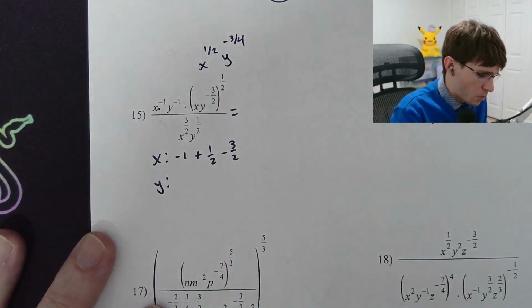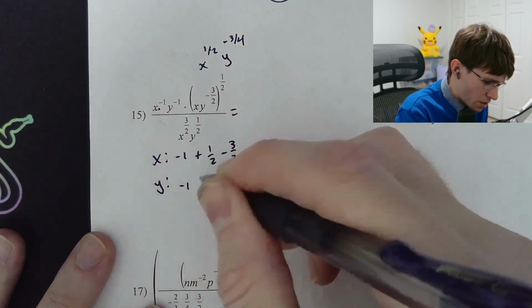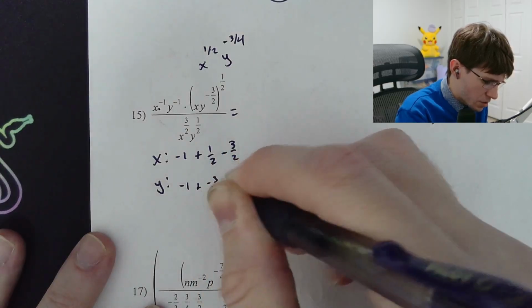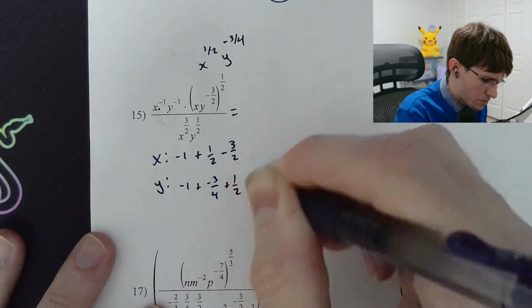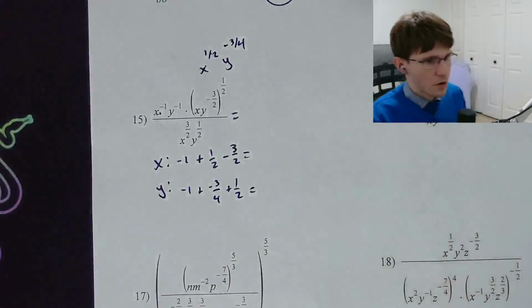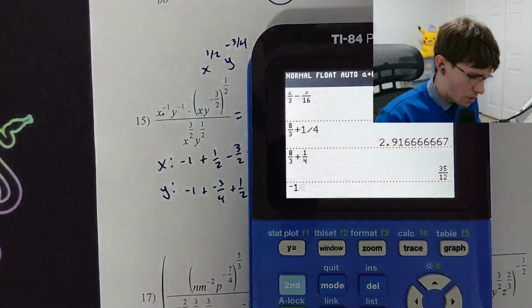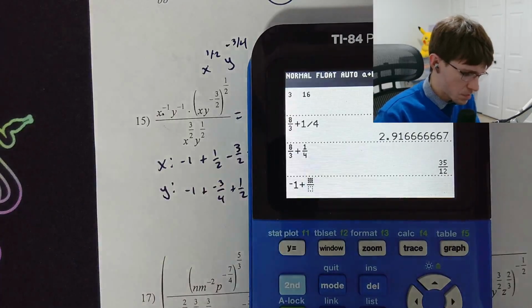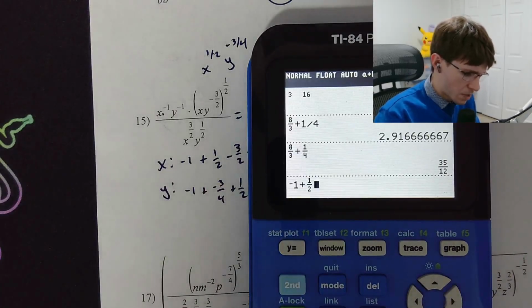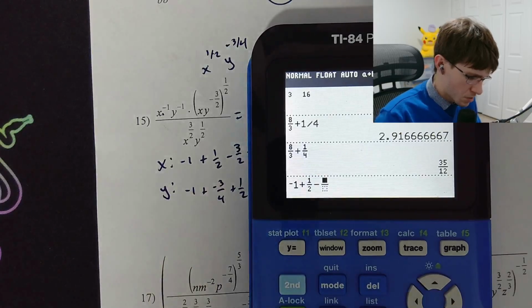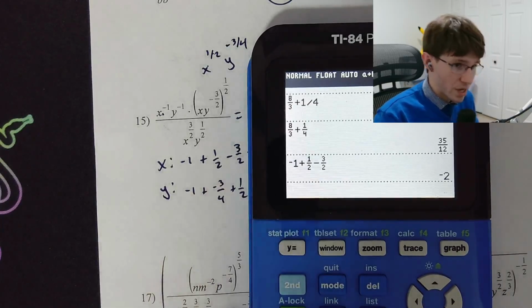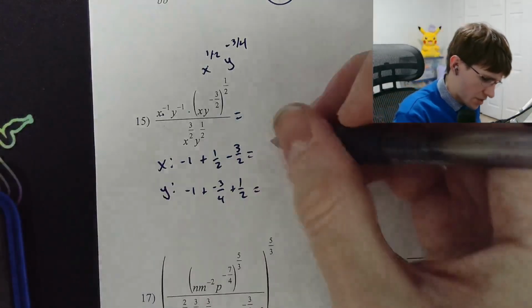For the y, I'm going to have -1 plus -3 over 4 plus 1/2. We're just going to use our calculator to do these additions for us. So -1 plus 1 over 2 minus 3 over 2, and we get -2 for the x value.